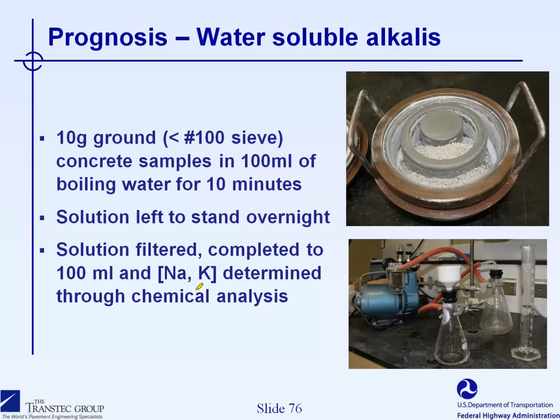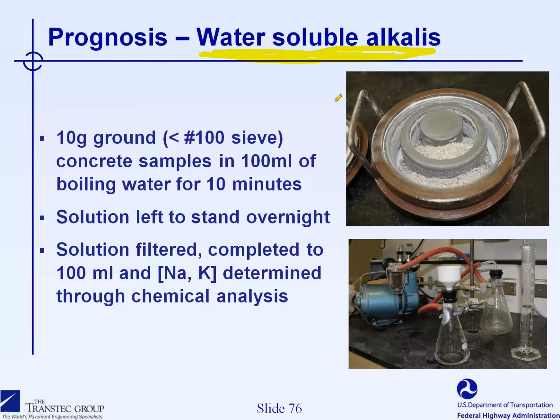Another tool that is also used for evaluating the potential for future expansion is the determination of the water-soluble alkali content. As was mentioned by Professor Thomas in the first presentation of this series of webinars, the amount of alkalis, which relates to the pH of the pore solution in concrete, is a critical factor for the development and the maintenance of ASR in concrete.